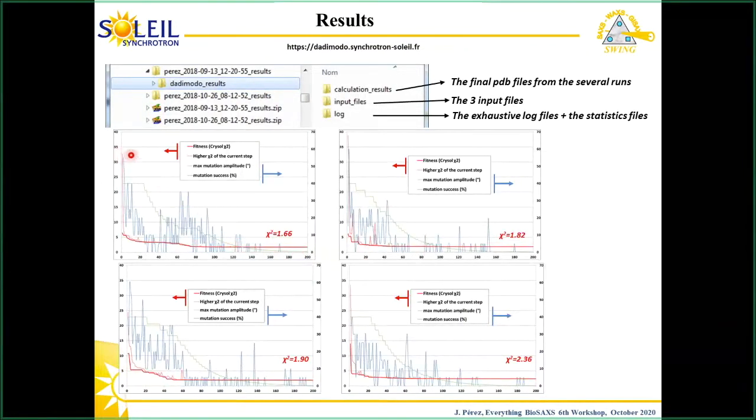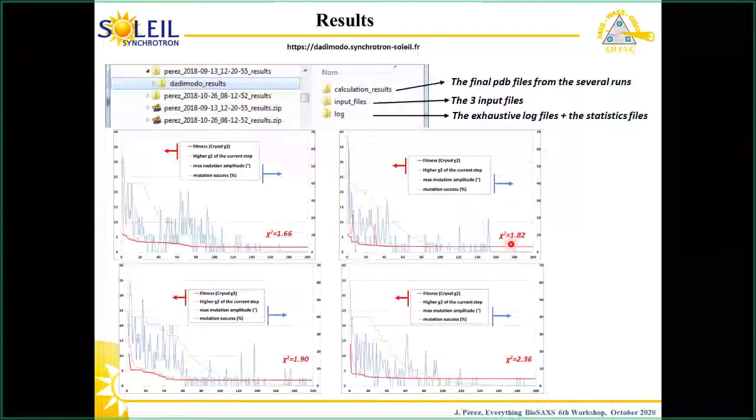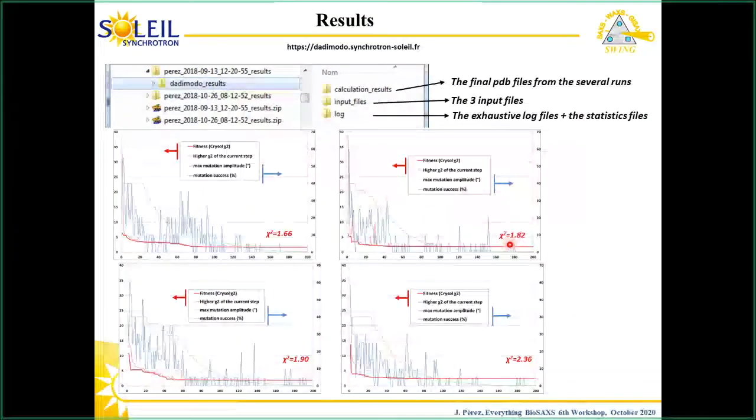So we started with the initial model that gave a very bad chi-square, and as the program goes, the chi-square decreases, and finally we have values which are much better. I forgot to say that here again, DADIMODO uses CRYSOL to compute the fitting curve.